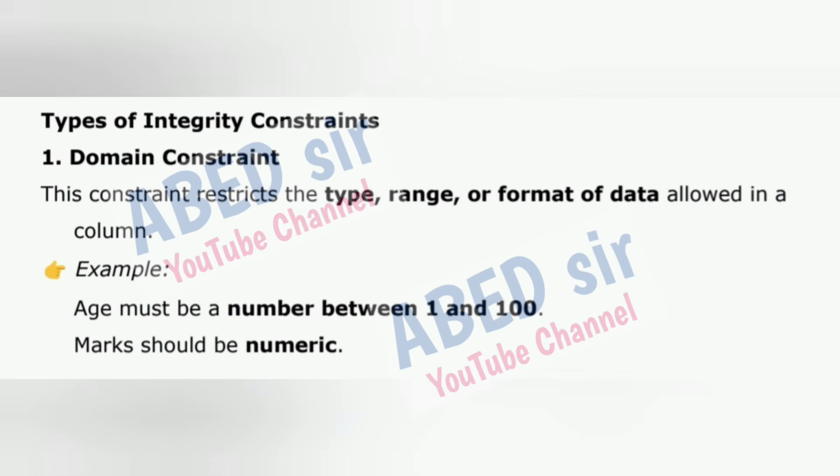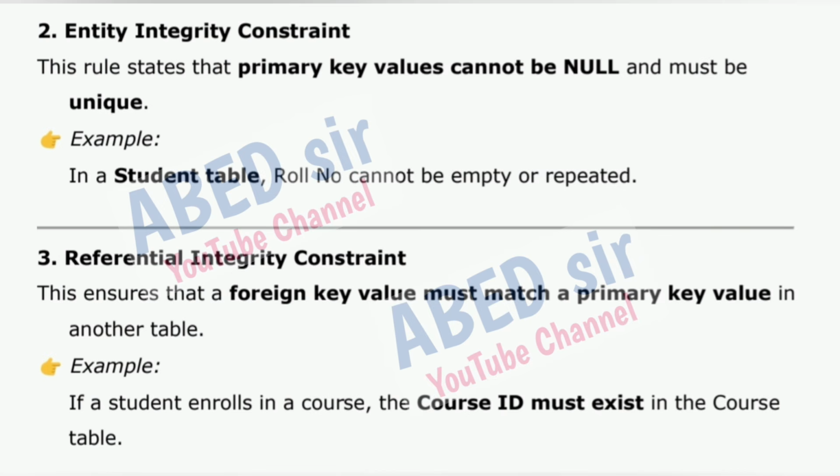Types of integrity constraints. 1. Domain constraint. This constraint restricts the type, range, or format of data allowed in a column. Example: age must be a number between 1 and 100. Marks should be numeric. 2. Entity integrity constraint. This rule states that primary key values cannot be null and must be unique.